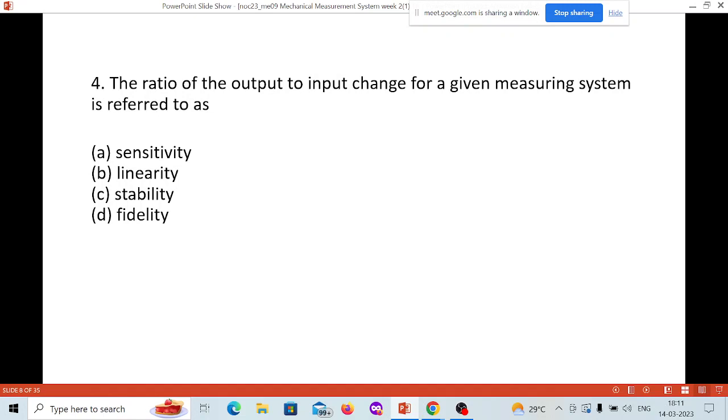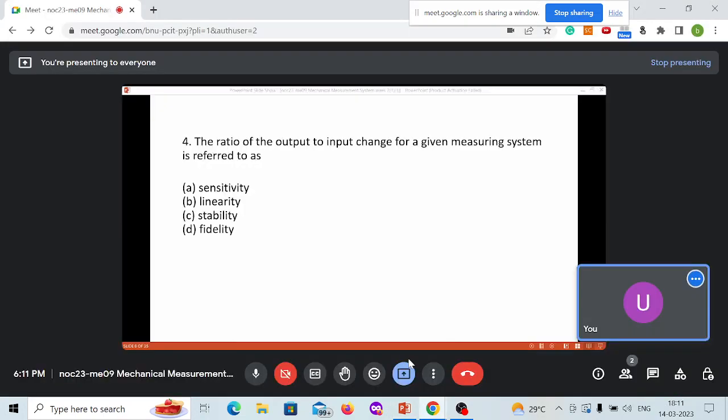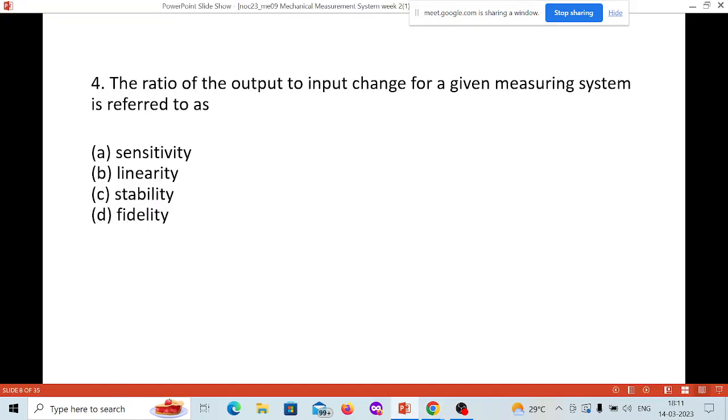I repeat, the ratio of the output to input change for a given measuring system is referred to as A. Sensitivity, B. Linearity, C. Stability, D. Fidelity. The answer for this is sensitivity.